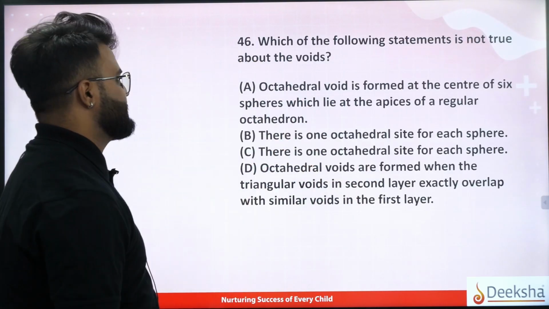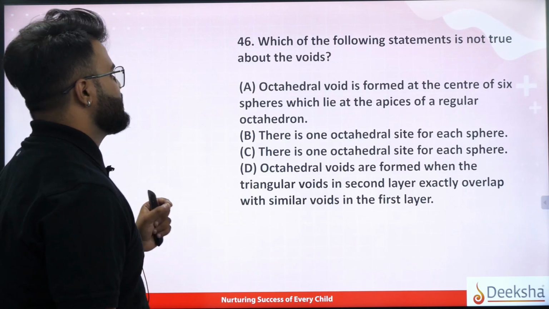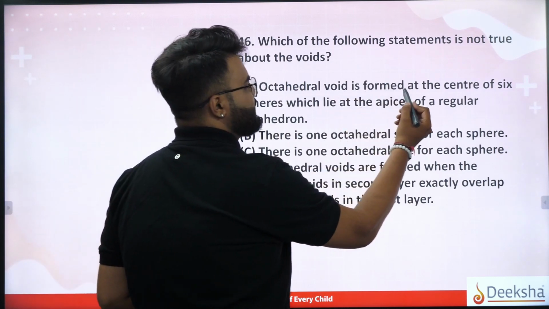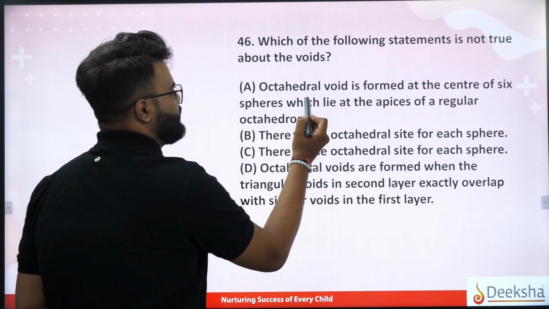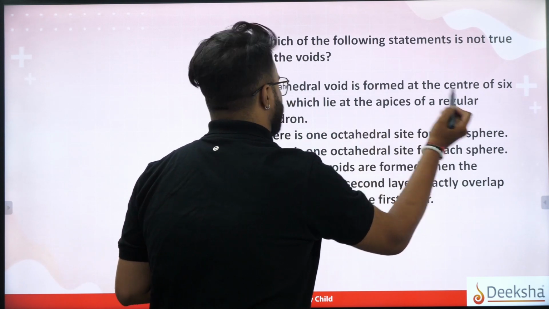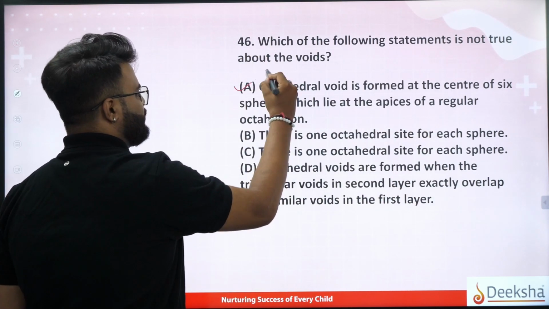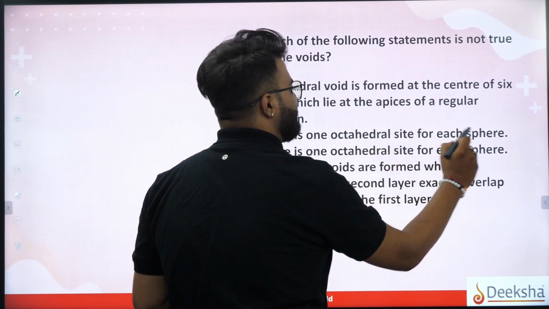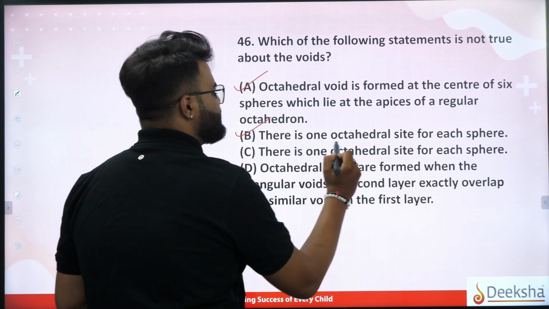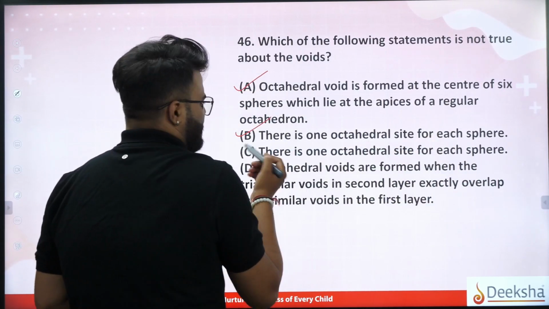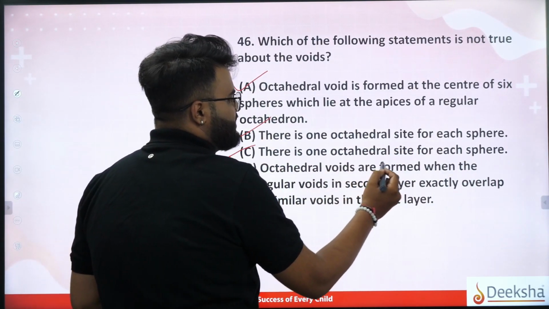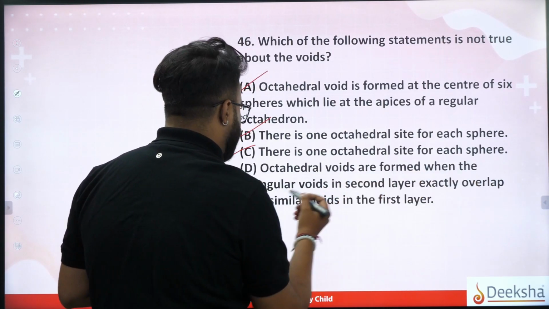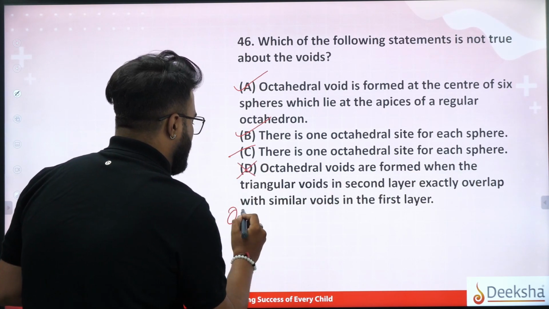Now in question number 46, which of the following statements is not true about the voids? Octahedral void is formed at the center of 6 spheres which lie at the apices of a regular octahedron. That is true. There is one octahedral site for each sphere. That is also true. Octahedral voids are formed when the triangular voids in the second layer exactly overlap with the similar ones. Guys, this is not octahedral.